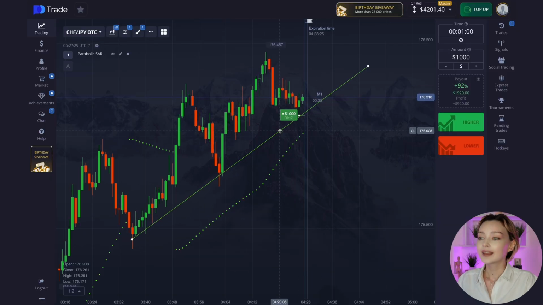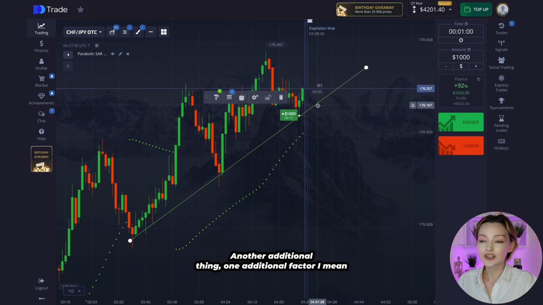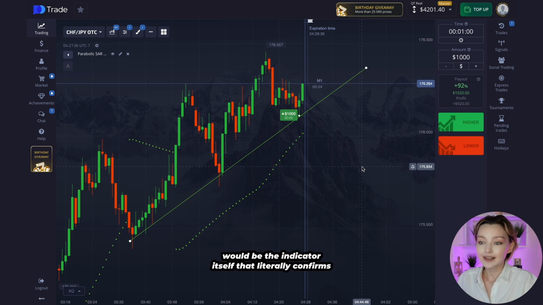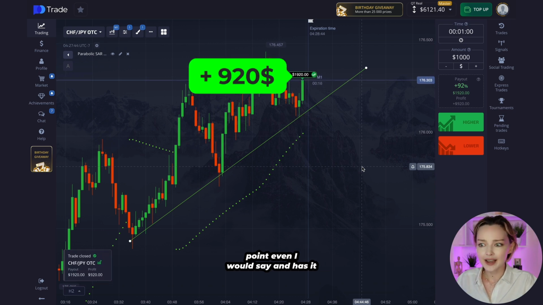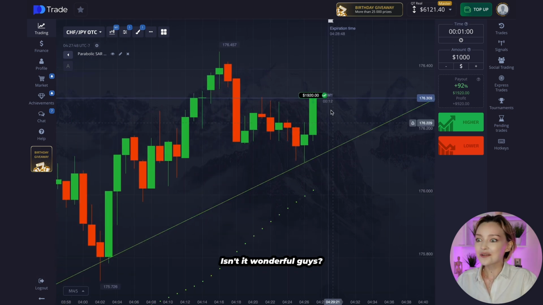One additional factor to pay attention to with this trade would be the indicator itself, which confirms there is a legit steady trend on the market. So we are entering at a pretty decent moment, the best point even, I would say, and it has just got us a profit. Isn't it wonderful, guys?